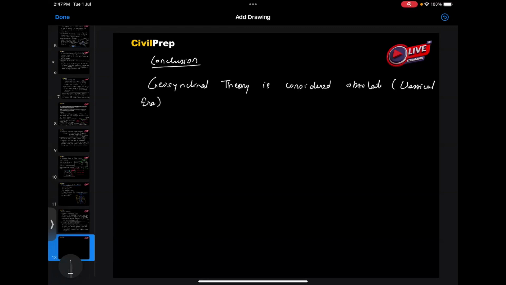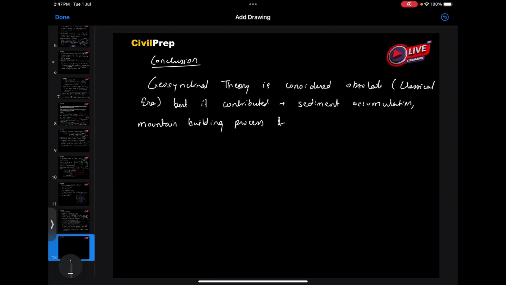But we will see here that it contributed particularly to sediment accumulation, the mountain building process, and the development of intermountain basins or plateaus.